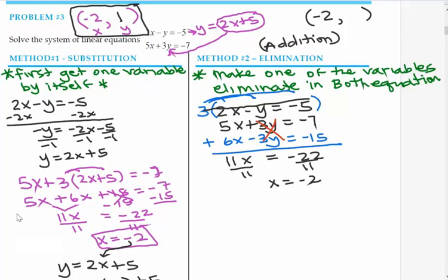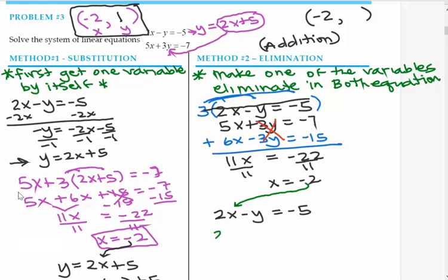We didn't get the equation in this form, so we need to pick one of the ones that we had before. So I'm just going to choose that top equation, that 2x minus y equals negative 5, and I'm going to substitute that negative 2 in place of x there, right? So this negative 2 is going to go in here.